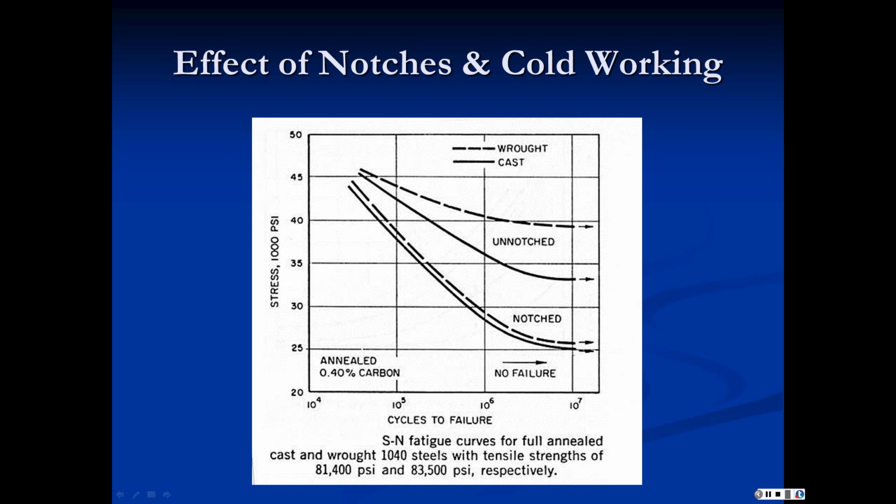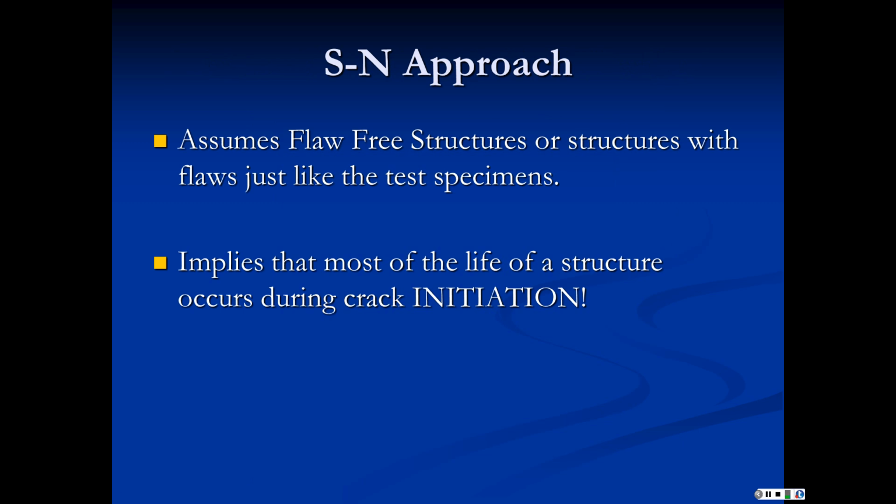Now, what's going to happen in design is that we're going to assume that the metal in our structure, whatever we're building, is essentially the same as the metal in the samples in our test, that we haven't done anything to introduce new defects. If we have, there are ways to adjust the endurance limit, and there are fudge factors that you multiply by to reduce the allowable stress based on the kind of surface finish and all of those kinds of things.